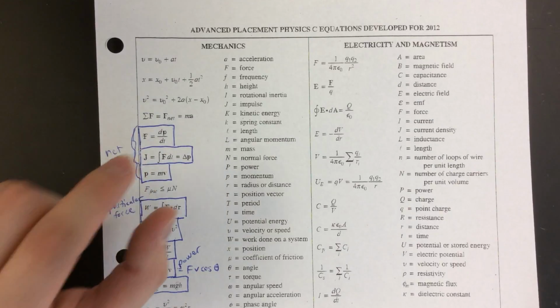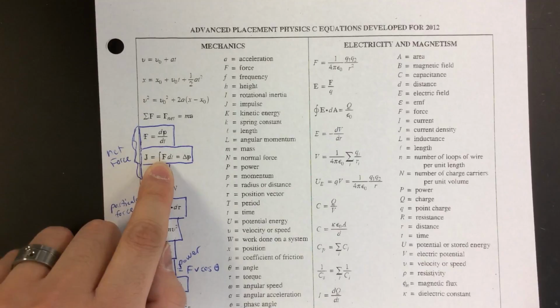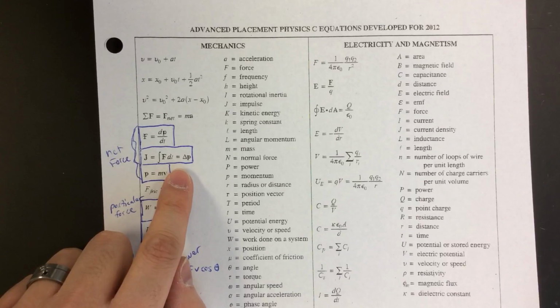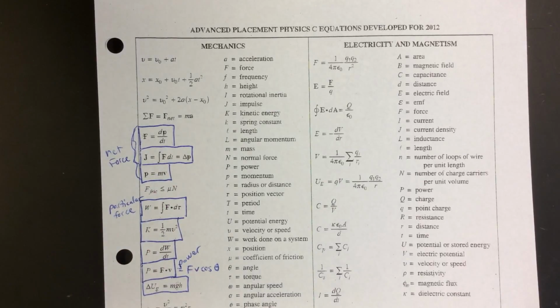If you don't have a net force, that means you can't have a momentum change. And that is also a very useful scenario where you have something like a collision. We talked about collisions and explosions, where there's nothing else really pushing or pulling on it, just these two things interacting together. If you treat them together as one system, then you can talk about how its initial momentum will equal its final momentum, right?